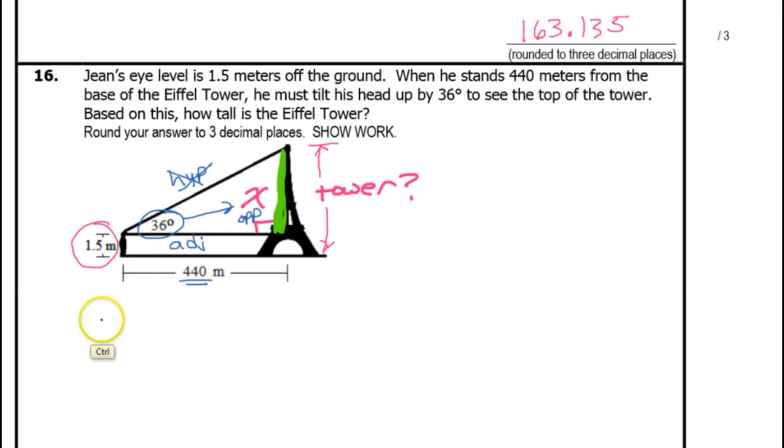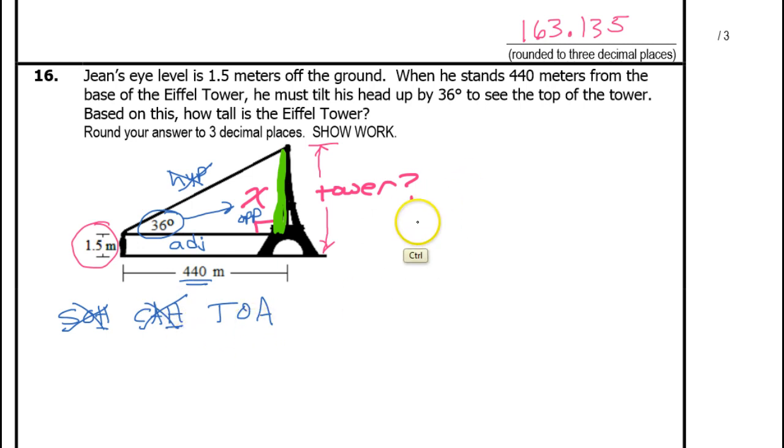Okay, so for that reason, when we start to think about SOHCAHTOA, we had to throw out the useless hypotenuse. And sine involves hypotenuse, so we're going to throw that out. Cosine involves hypotenuse, so we're going to throw that out. So that just leaves tangent.